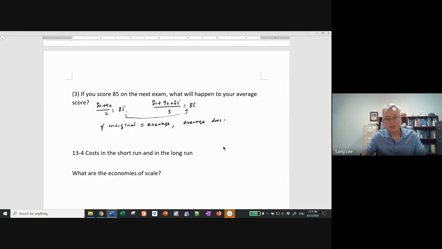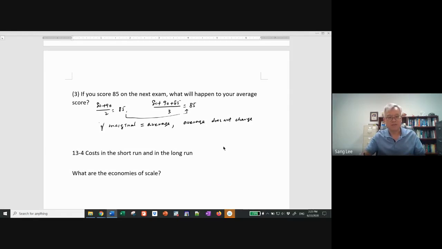Average does not change. That's the relationship between marginal and average. This relationship is still holding whether it is a test score or cost of production.